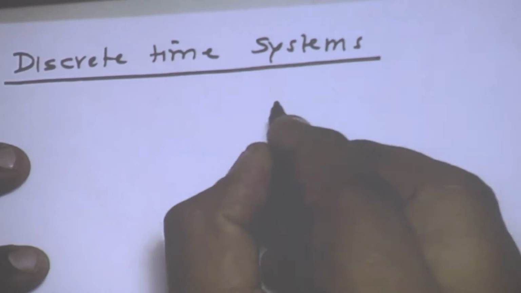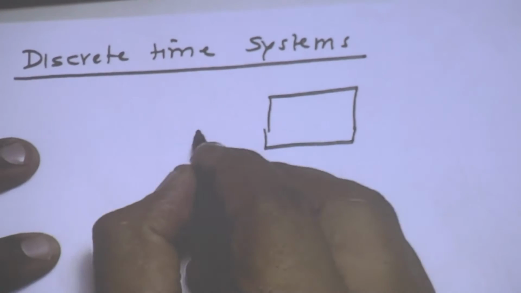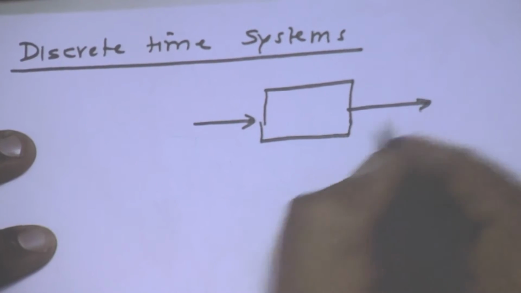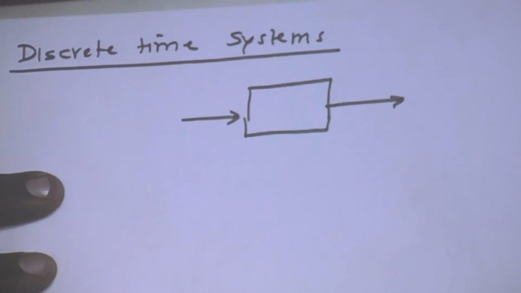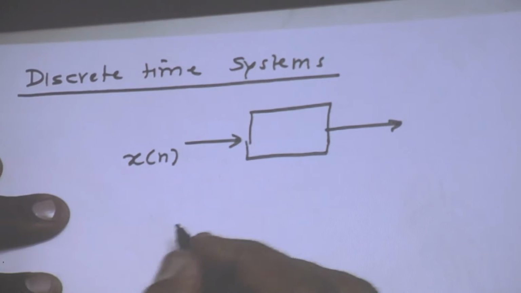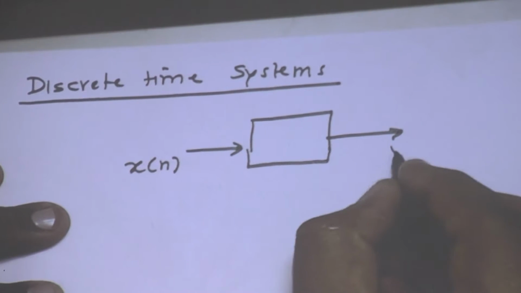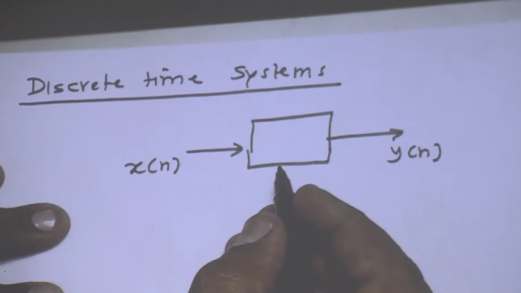Discrete time systems. What is a discrete time system? It is a black box where the input and output are now only discrete in time. So the input is represented by x of n, the output is represented by y of n, and what is this black box doing?